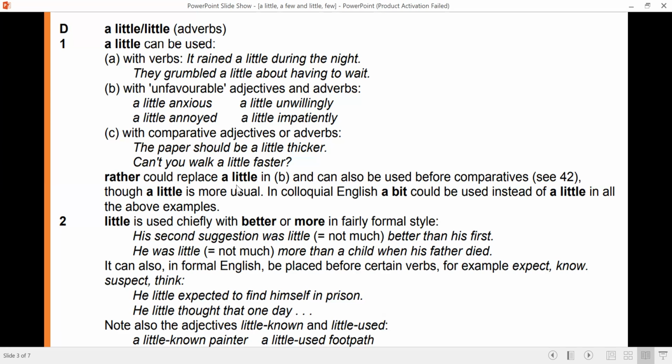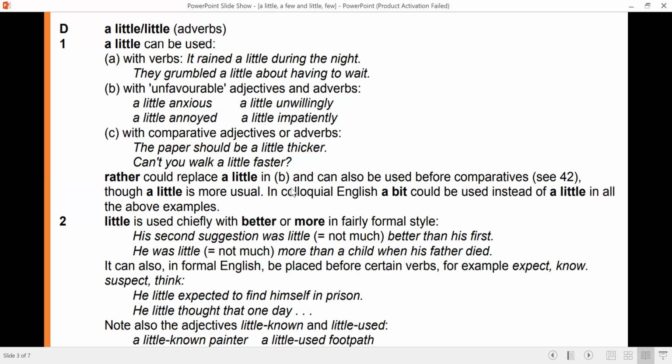Rather could replace a little in B. Here in B, rather can also replace a little, because rather is also used before unfavorable adjectives and adverbs. I have also told you in the class that rather can be used before unfavorable adjectives and adverbs, and fairly can be used before favorable adjectives and adverbs.